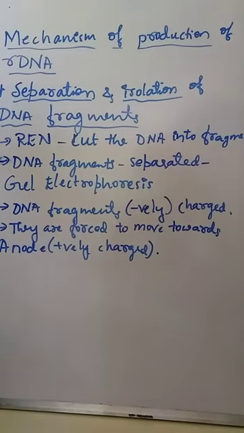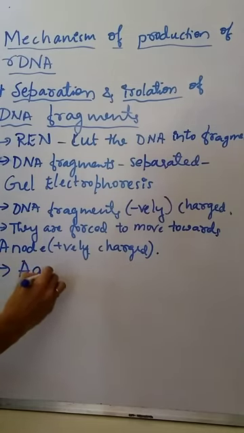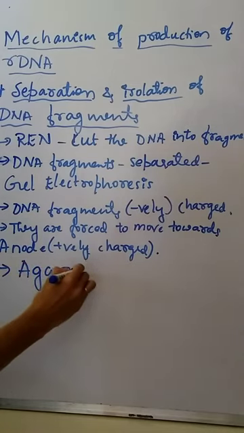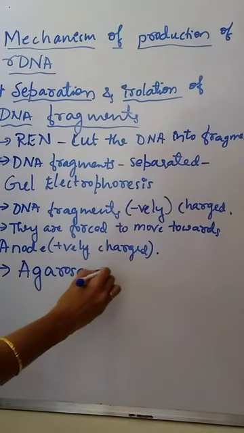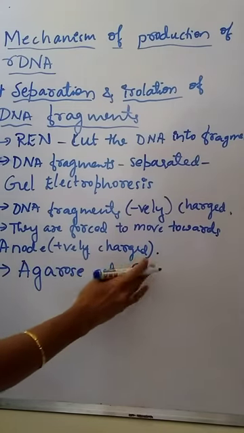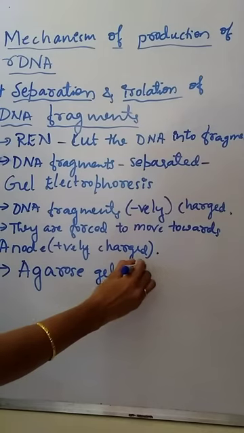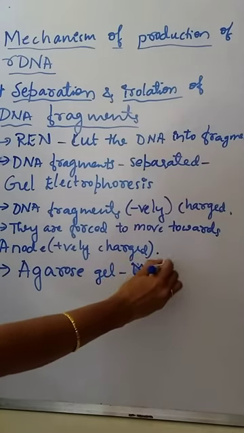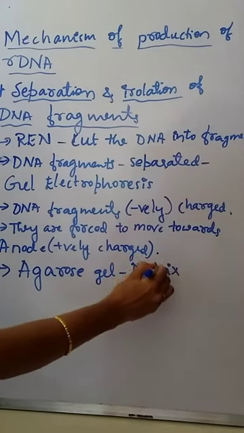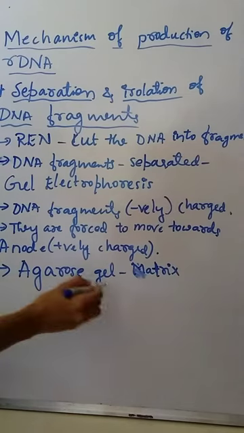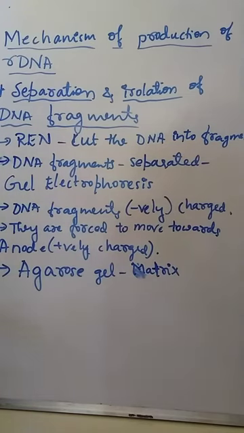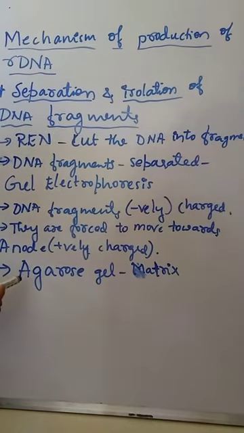The most commonly used matrix in electrophoresis is agarose gel. Agarose gel is used as a matrix, hence it is called gel electrophoresis.